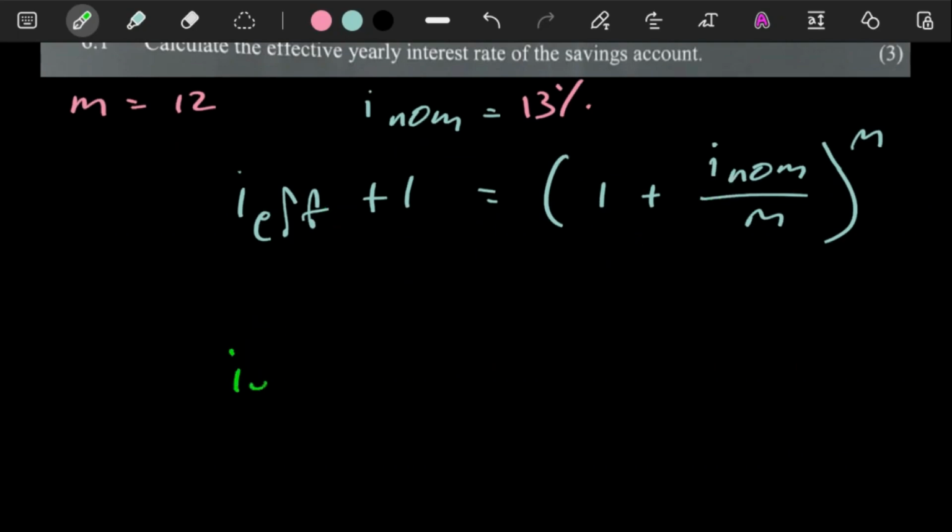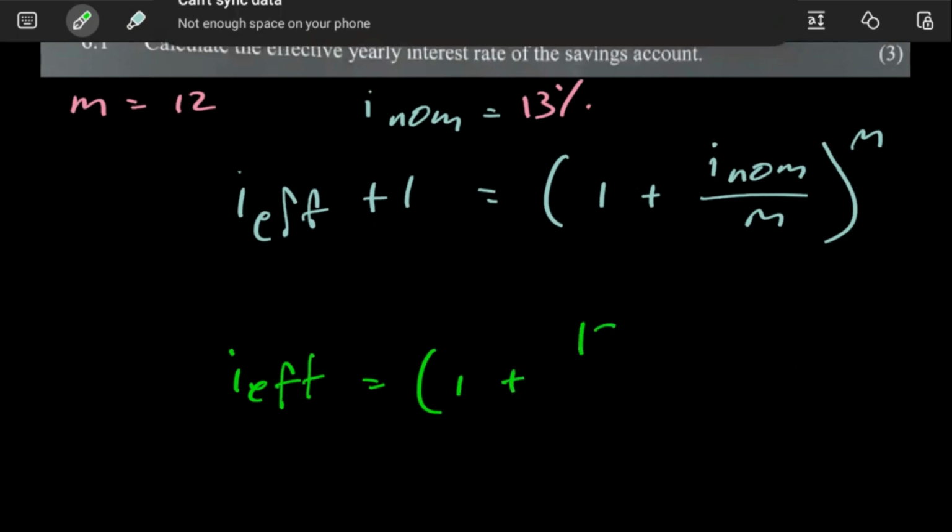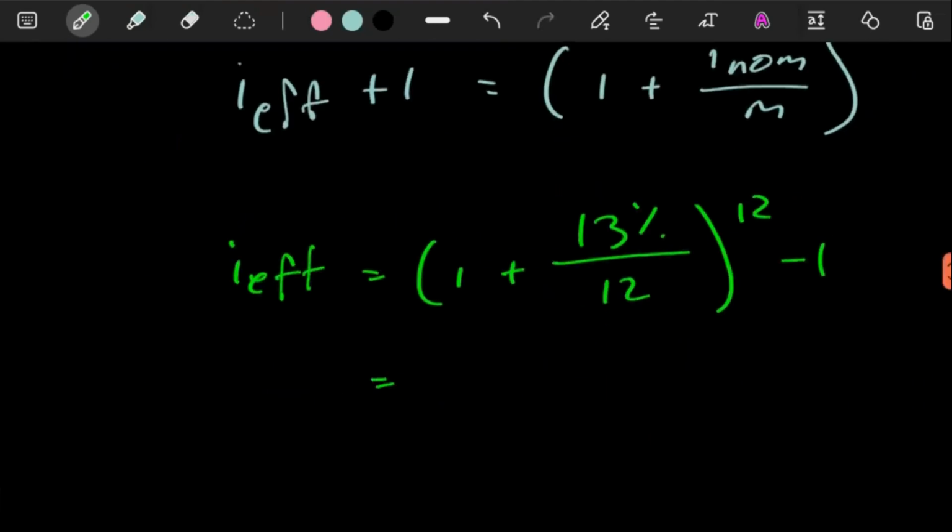In the effective rate interest formula, you're going to have the 1 move over to the other side. So it's going to be 1 plus 13%, the whole thing over 12, the whole thing to the power of 12, and then minus 1. So all this in your calculator, let's see what it is going to give us. So it's going to give us 1.13.